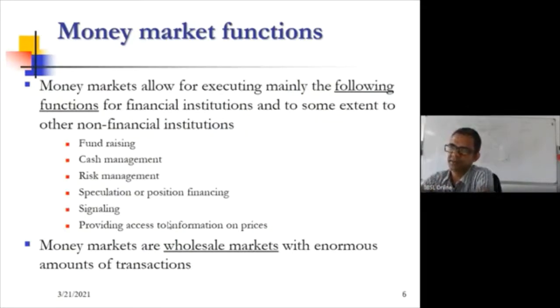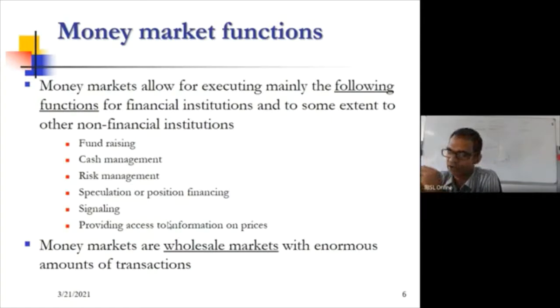So basically money market facilities serve all these functions, fundraising, but again only for a short period. You can consider it as cash management. You have cash or you need cash. How do you manage those requirements? On the other hand, you manage risk as well, your liquidity risk, through your money market.